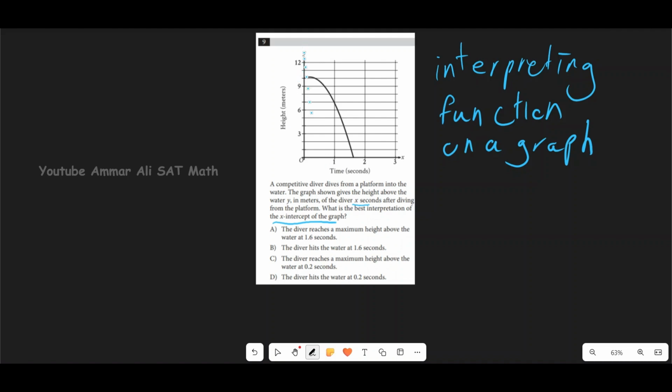We have our y-axis going up, representing the height, and the time on the x-axis. This line tells us, at any given point in time, the height of the diver.